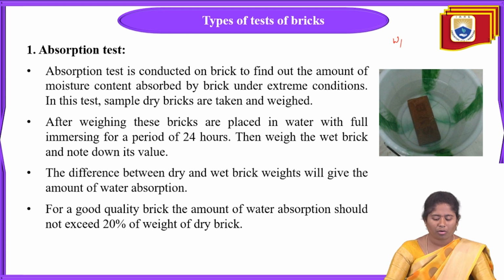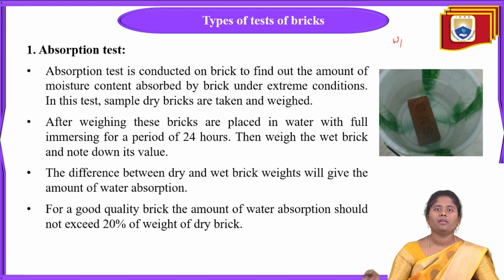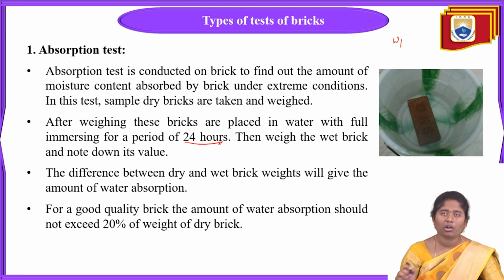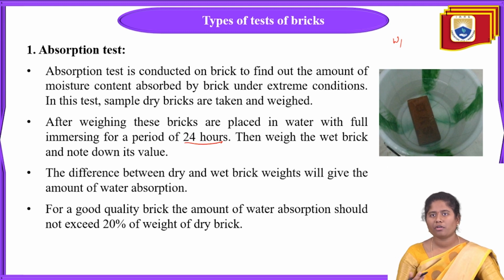After weighing that brick, we dip the whole brick in water for 24 hours. Then after 24 hours, take out the brick, weigh the wet brick and note down that value.